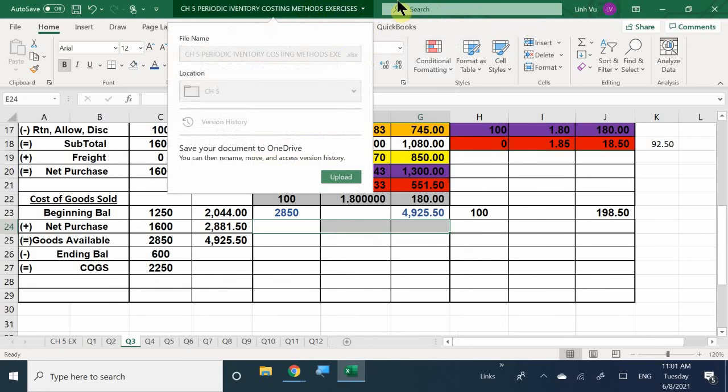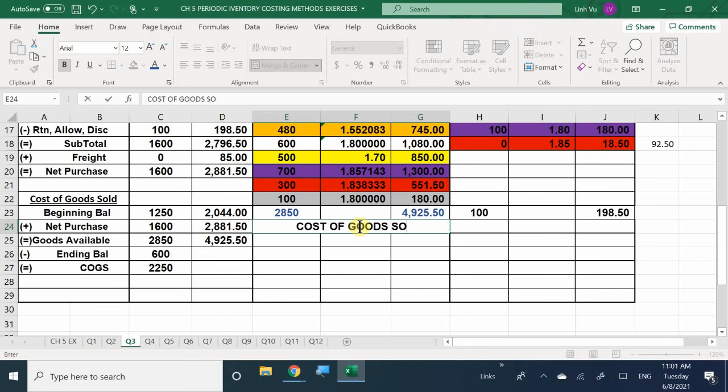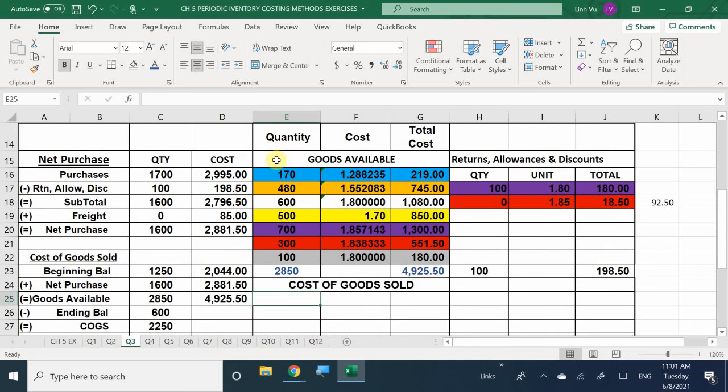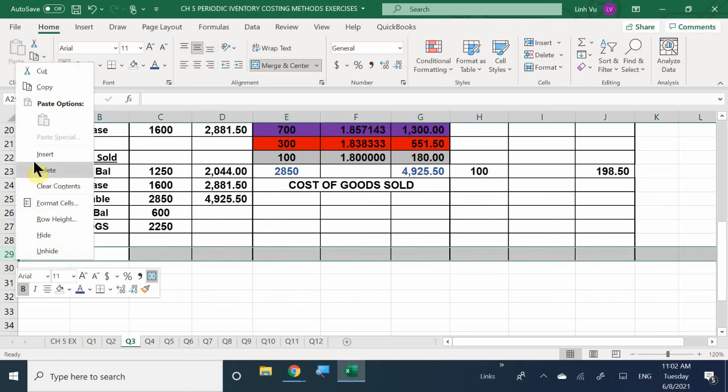So here I'm going to go ahead and build my little table. This table right here is going to be my cost of goods sold. I'm going to have to extend this out one more row.